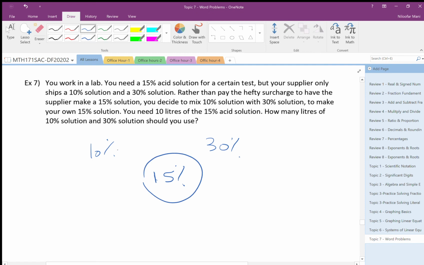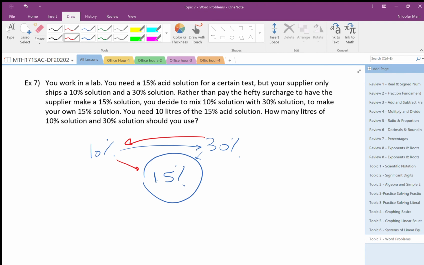It means I add a little bit from this less concentration to this one in order to make this one, or I add a little bit of this more concentration to this one in order to make this one. But what I want must be between these two values: 10, 30, and what I want is between them. This is a visualization, just an estimate of the question. You are just thinking about the answer, thinking what to do here.